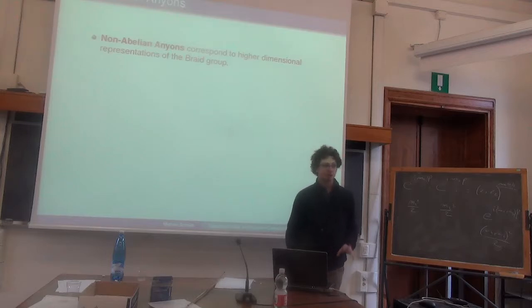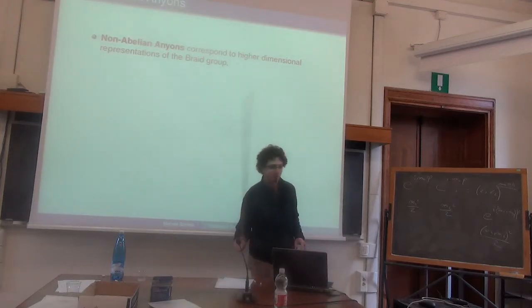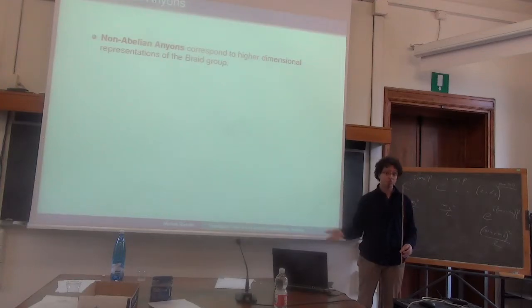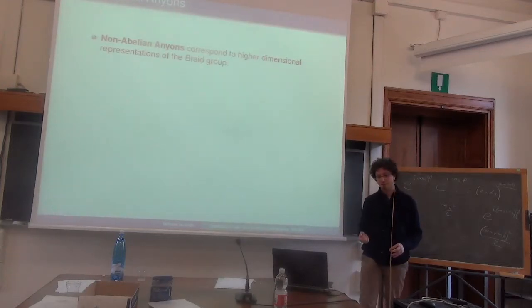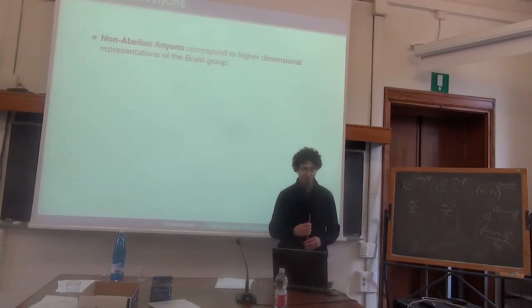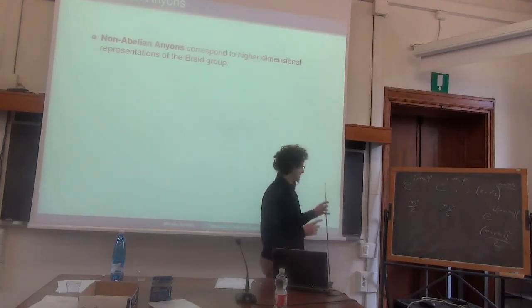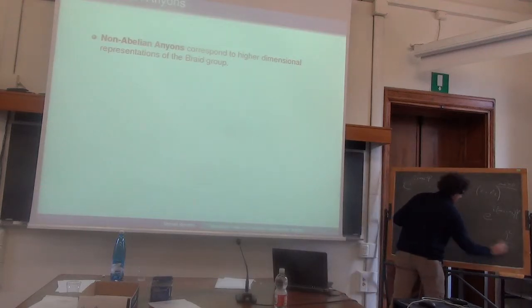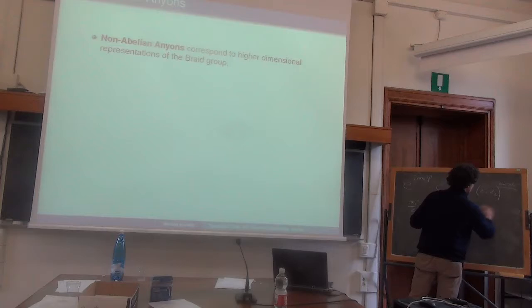So far I talked about abelian anyons, where we have only phases, and all these unitary operators are phases. Now we would like to go to higher dimensional representations of the braid group, where these objects are really matrices, not anymore single phases.